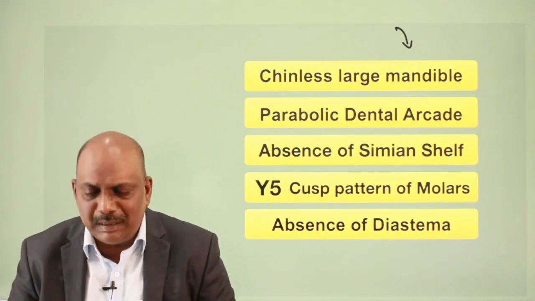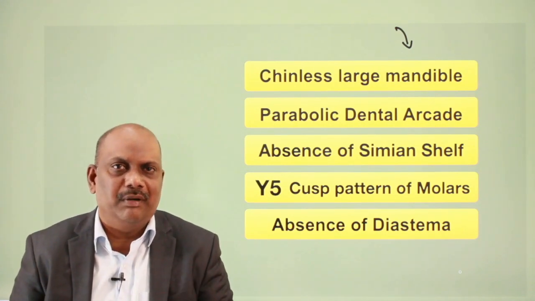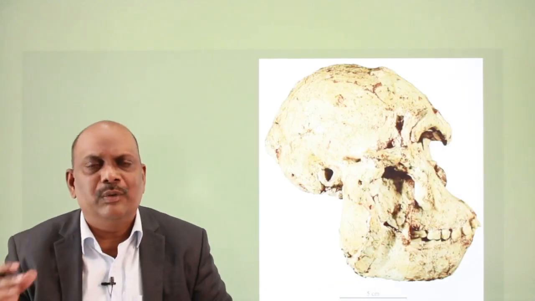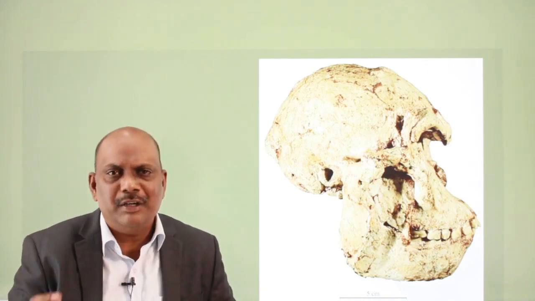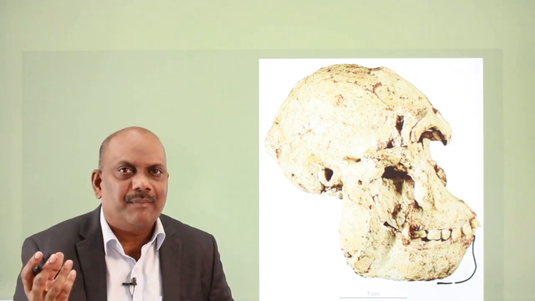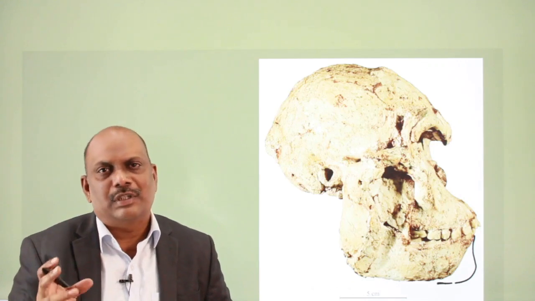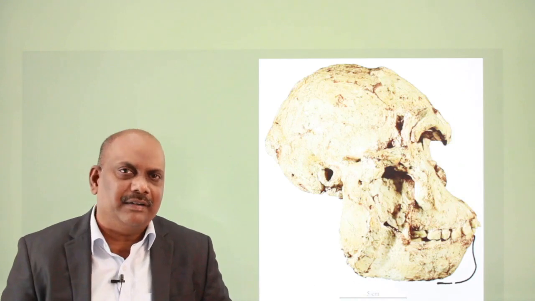Absence of chin was a very important feature of the mandible of most apes. So just remember, even when you draw a diagram of the skull of any ape, make sure that you do not add a chin. It is only from Neanderthals that the chin started developing. So absence of chin is a very important primitive character of most of the apes.